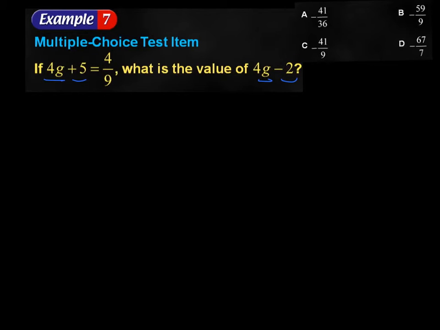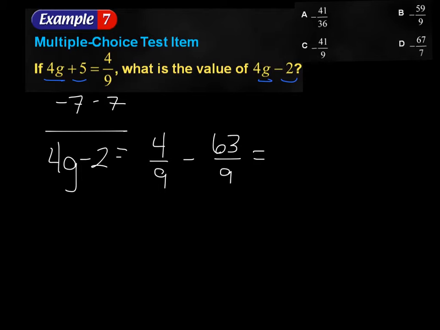So all I need to do is subtract 7 from both sides of the equation, and I have 4g minus 2, that's what I want, equals 4 ninths minus, I went ahead and got a common denominator, 63 ninths would be negative 59 ninths, and it was multiple choice. I stuck it up out of the way there, so that was choice B.